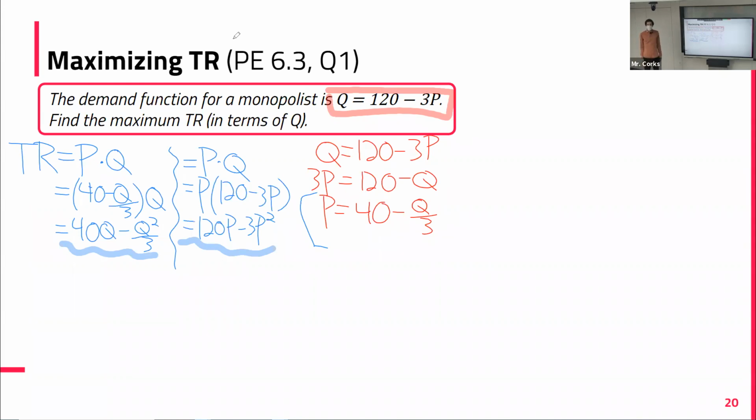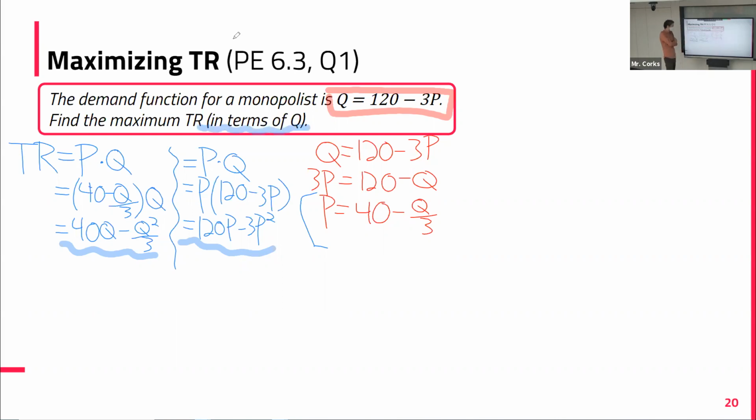Mathematically, they're both fine. Which one do you think might be more useful? First one. They are connected. So which one? Something about quantity.